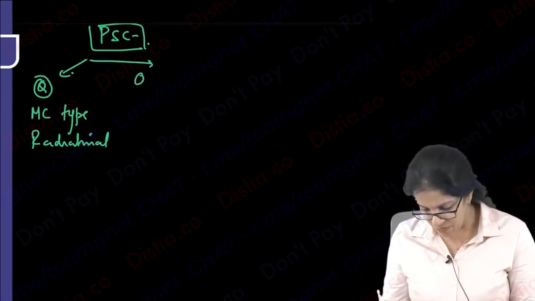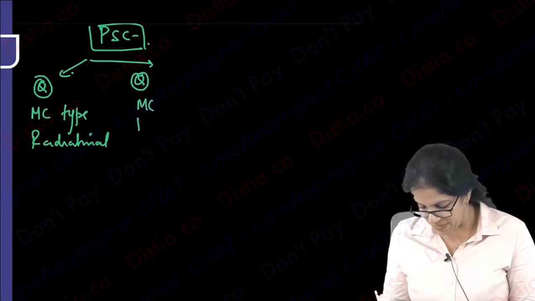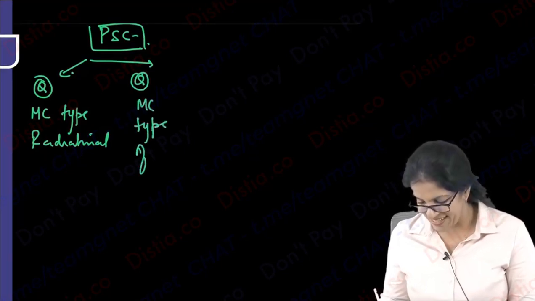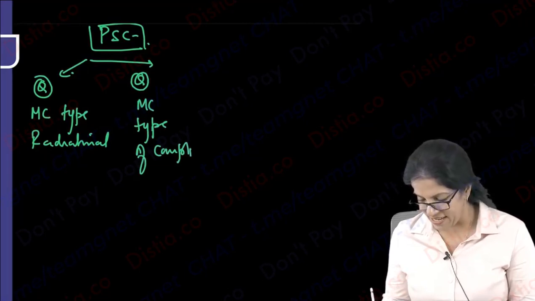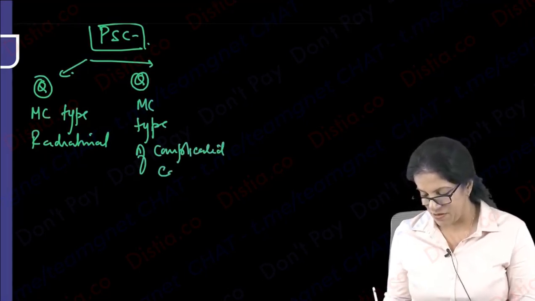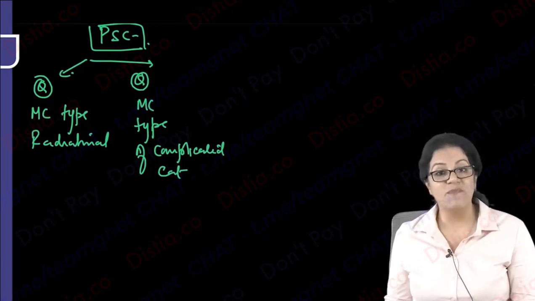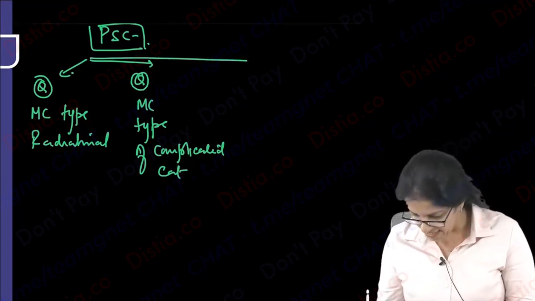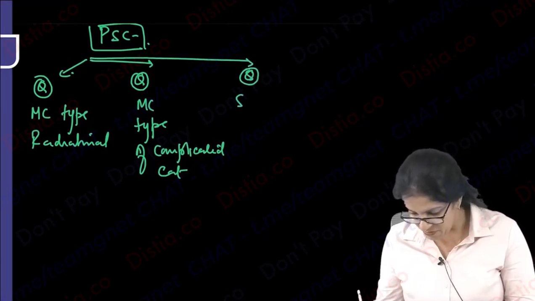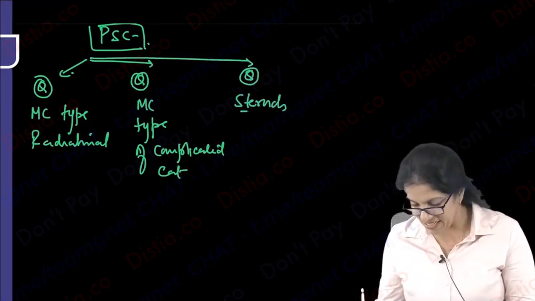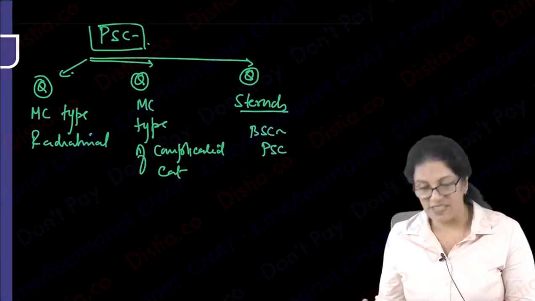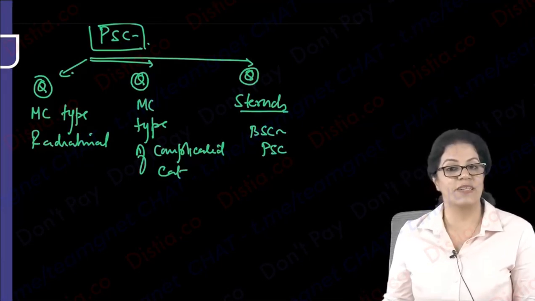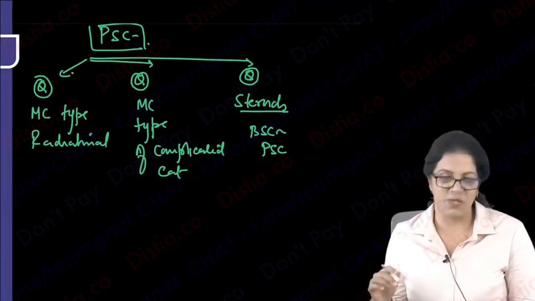Then next question was most common type of complicated cataract, or secondary cataract. Again our answer was PSC. Third question of your exam, steroids cause which type of cataract? It is PSC. Rather we can learn here BSC causes PSC. All three drugs, busulfan, steroid and chloroquine cause PSC, but the question was on steroid only.